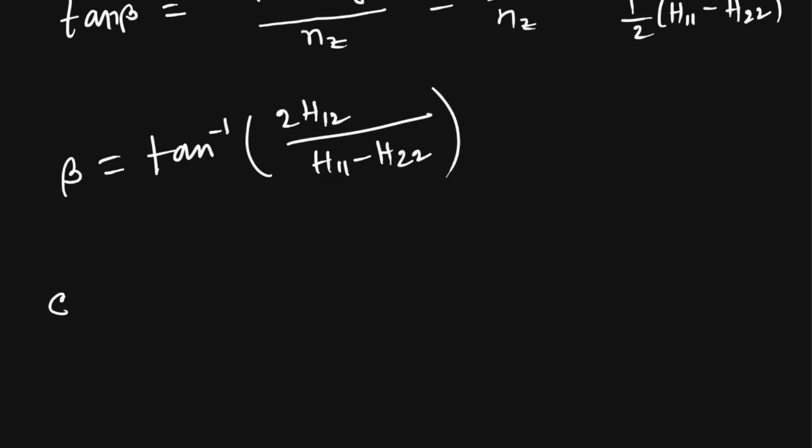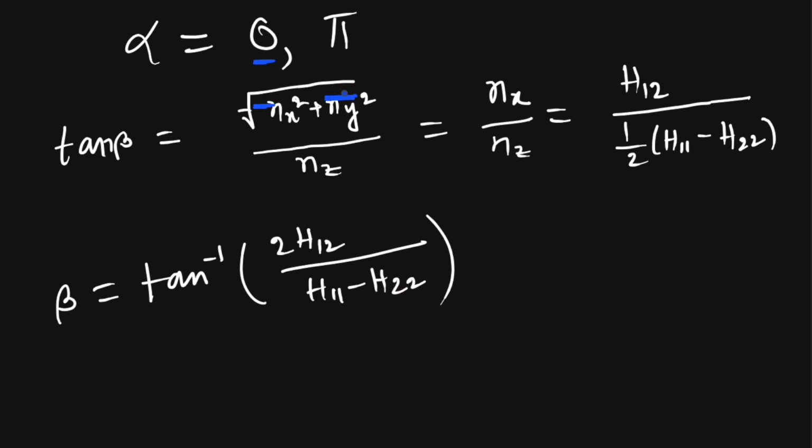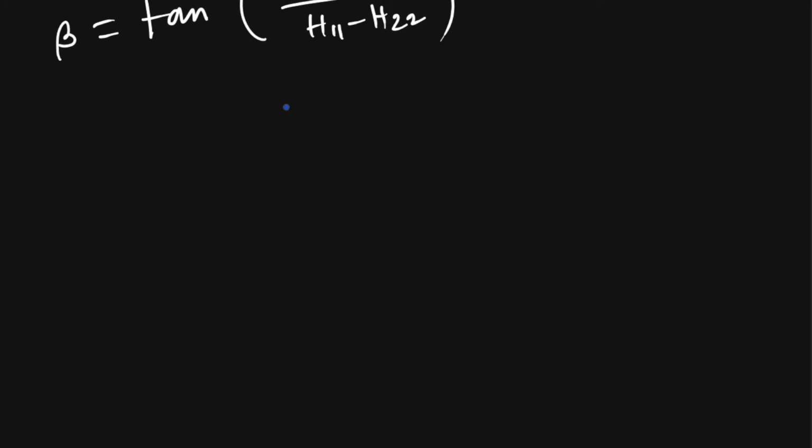One state corresponds to α equal to 0, and the other eigenstate corresponds to α equal to π.